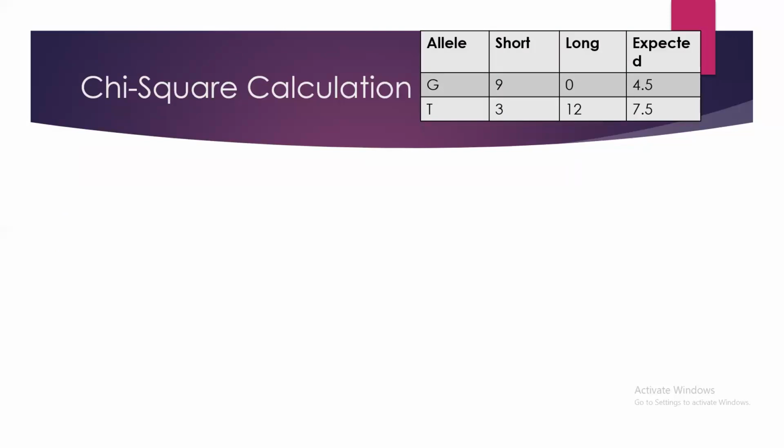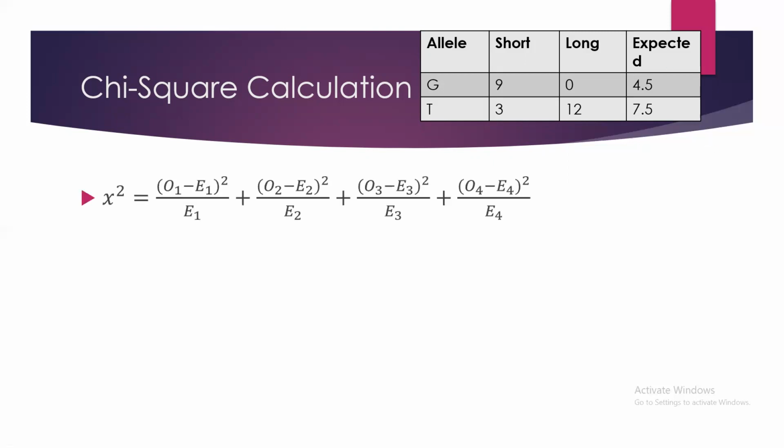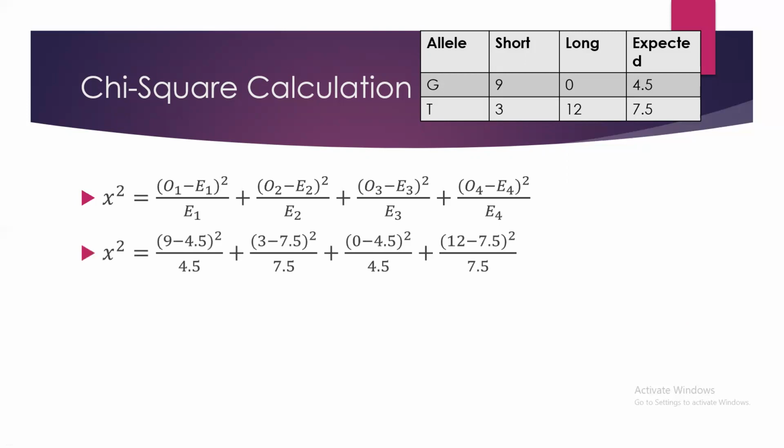Sorry about that little typo in the corner there. If we have our formula from the previous page, and now we have 4 nucleotides that we need to check. So if we plug in that first 9, and we say 9 minus the expected 4.5, over the expected 4.5.